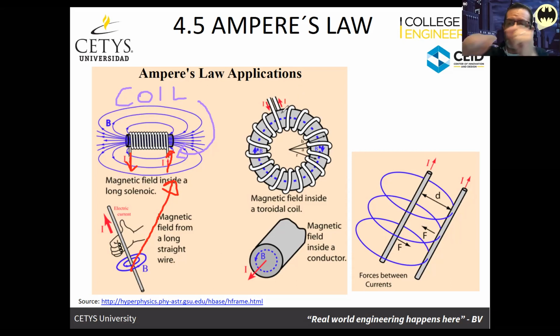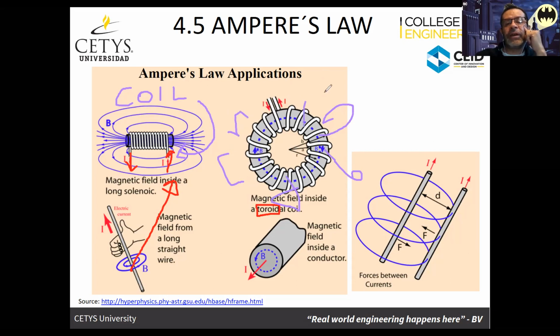It's a nucleus, and we're rolling the cable around it. This is called a toroid, which is basically another way of calling a coil or a magnet that has a circular form. And this is going to have a very interesting magnetic field because the magnetic field is going to radiate out of here.